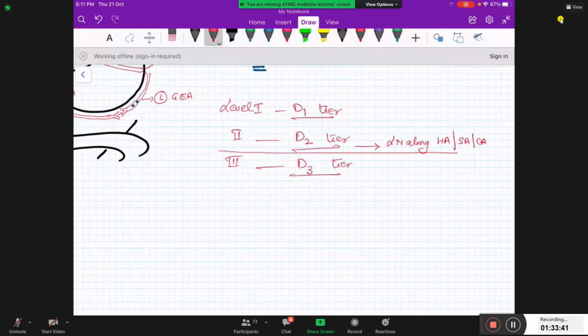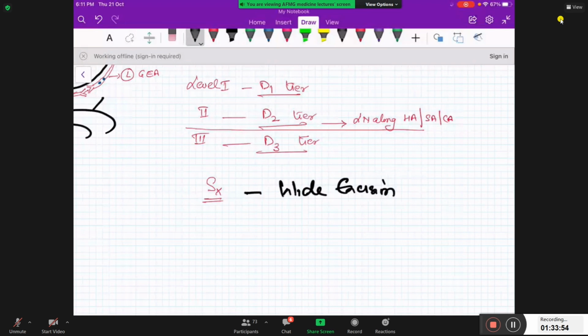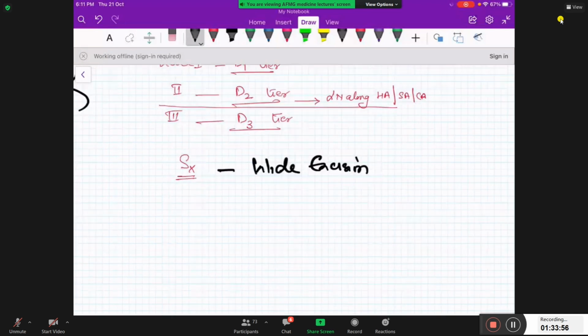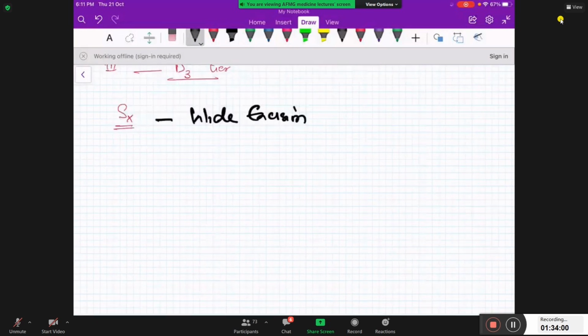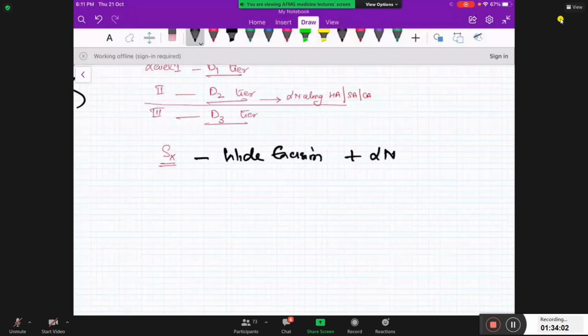The same thing is there in the surgical part of stomach malignancy. Whenever there is a stomach malignancy, the treatment is surgery, wide excision with lymphadenectomy. Wide excision with lymph node removal.